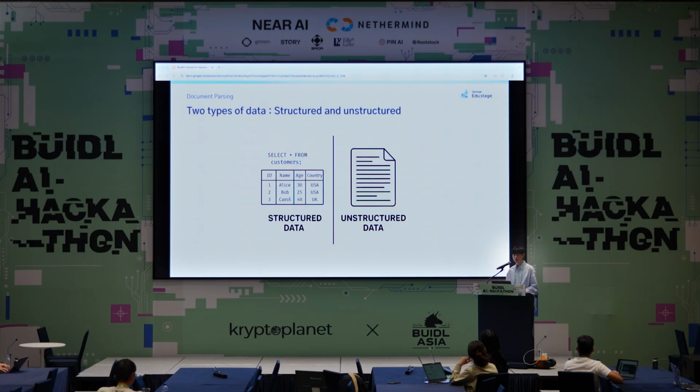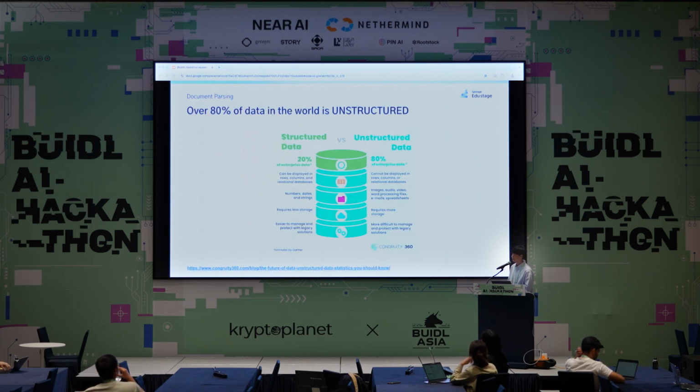Let me give you a simple quiz here. What percentage do you think is unstructured data on the enterprise side? Anyone who can answer this question, simple quiz? Okay, the answer is that 80% of data is unstructured. Enterprise data are mostly in document form.